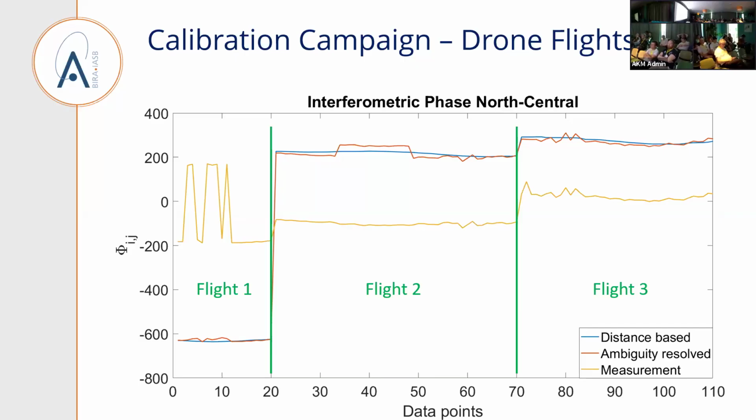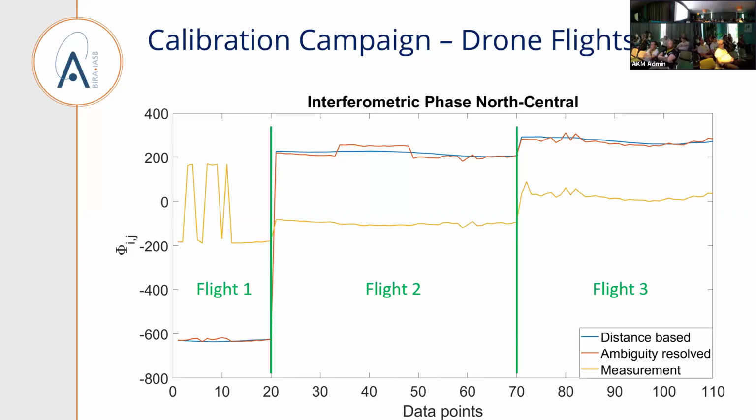The blue curve describes the theoretical, so the distance-based phase shift we would expect from this emitter position. And then we perform the phase ambiguity resolution, and we get very close to the expected values around the distance-based phase shift, but we still have, of course, the uncertainties here due to measurements. So we still have some additional effects, some errors.